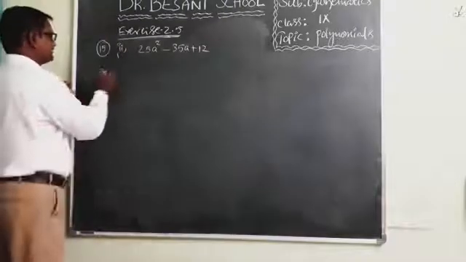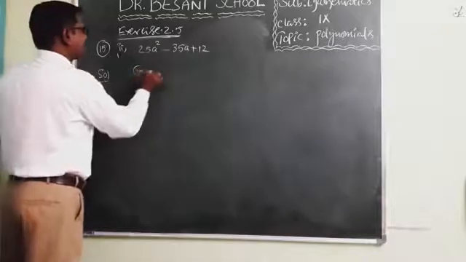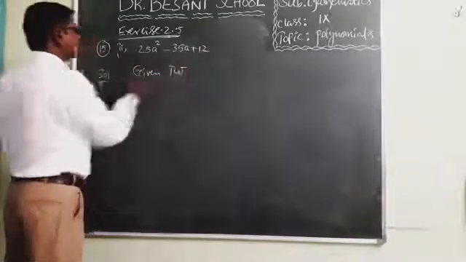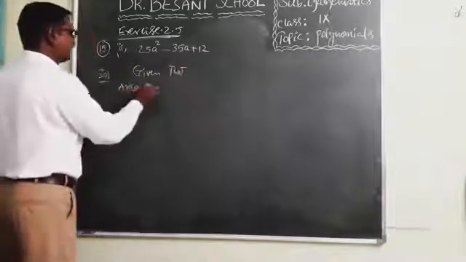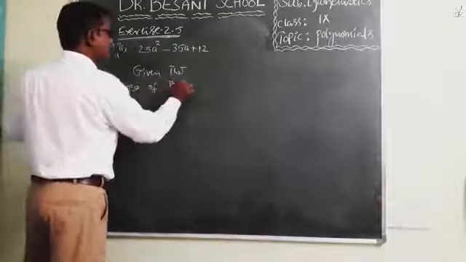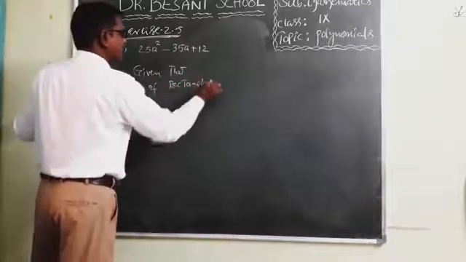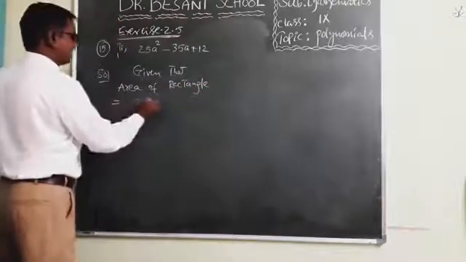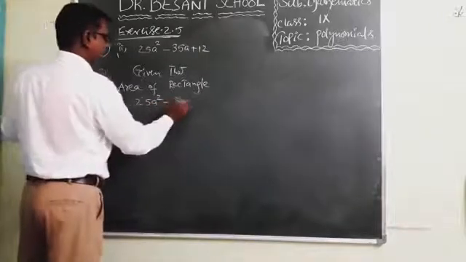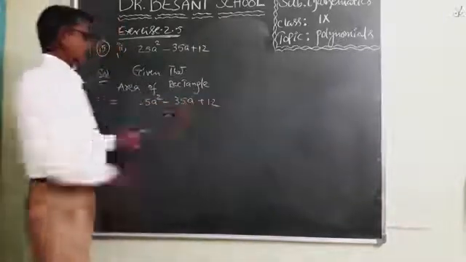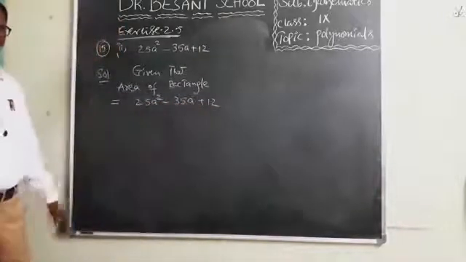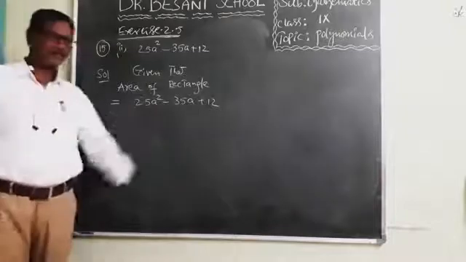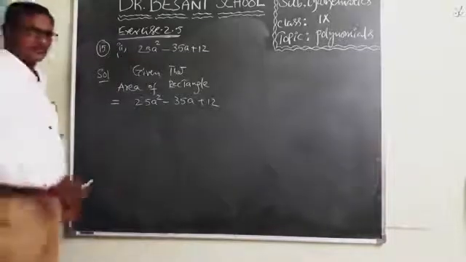Yes children. See, solution. Given that area of rectangle is equal to 25a square minus 35a plus 12. We cannot take anything common from this because these are not divisible by any common number. So let us factorize. We know the process of factorization.